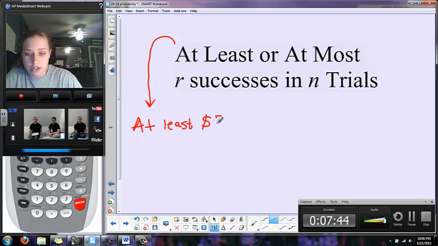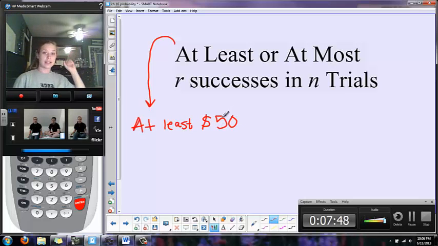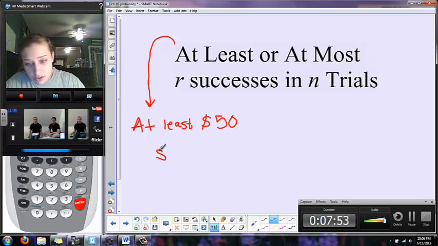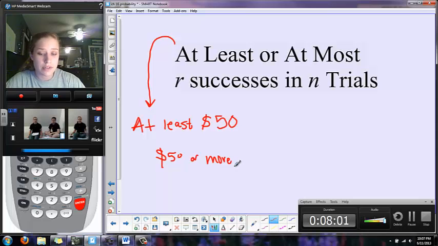What does that mean to you? When you hear the words at least $50, what does that mean? That means you're going to get paid $50 or more. That's a pretty good deal, because the lowest amount that you're going to possibly get paid is $50, but you could get paid more than that.